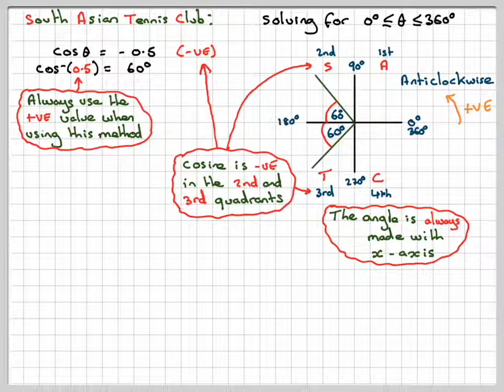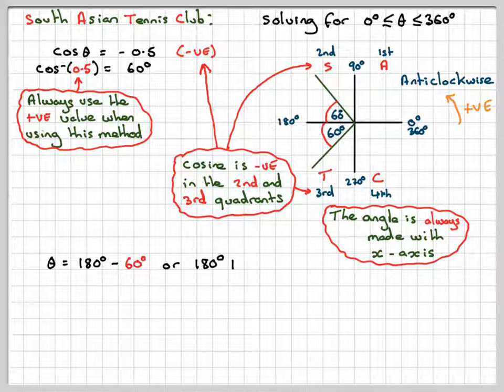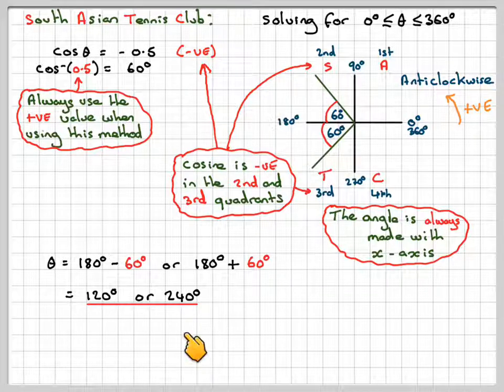So I get that one by doing 180 minus 60. And the second angle will be this one all the way around to here. So I get that one by doing 180 plus 60, and that will give me 120 like I got before, and 180 plus 60 gives me 240.